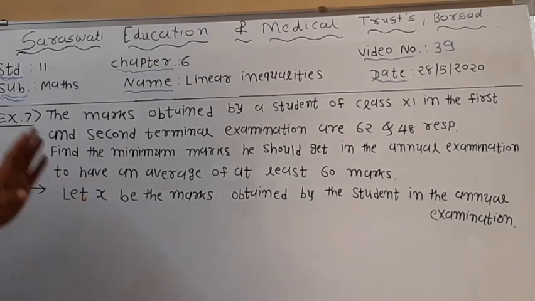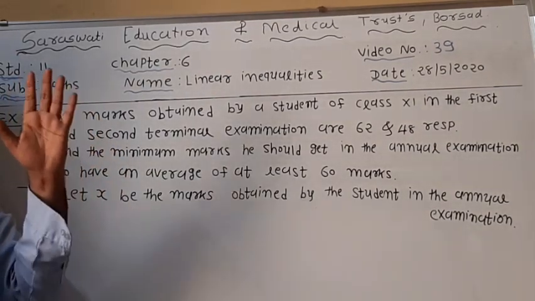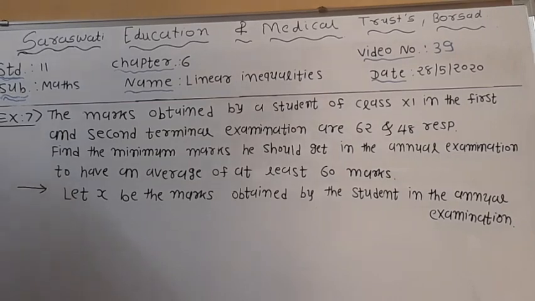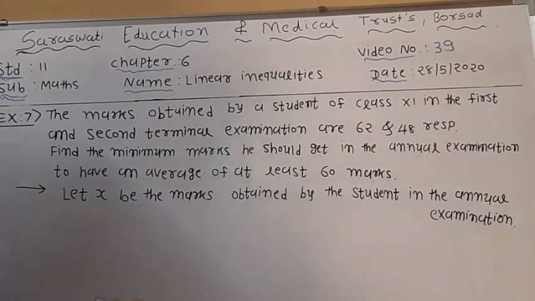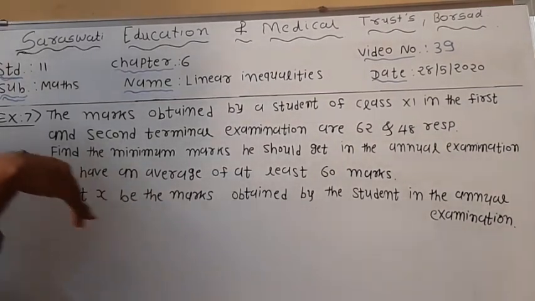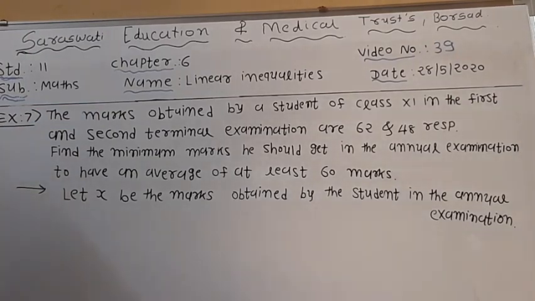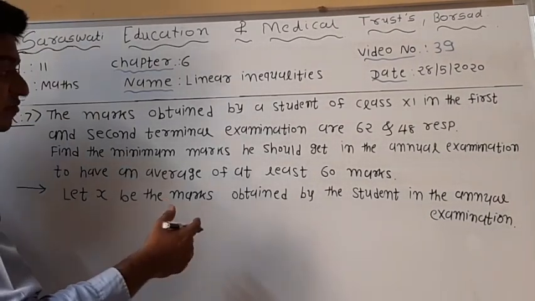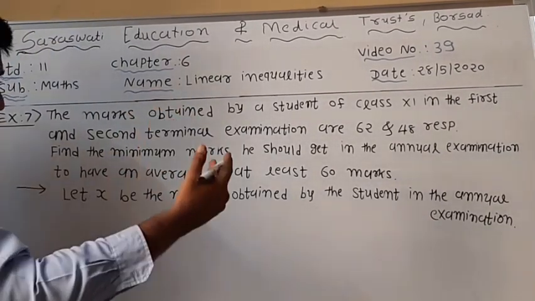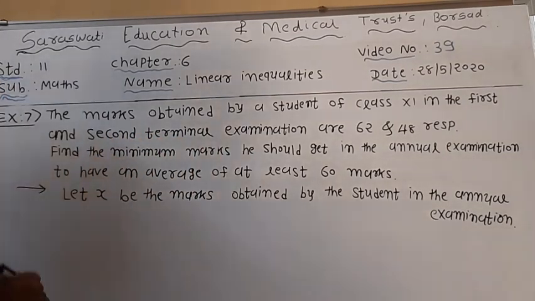Okay, first of all, what is the meaning of at least and what is the meaning of at most? At least means 60 or more than 60, and at most means 60 or less than 60.